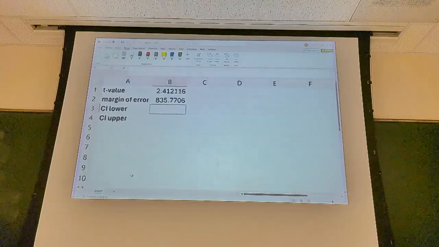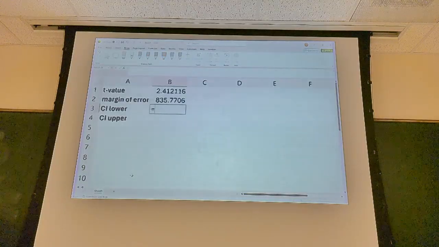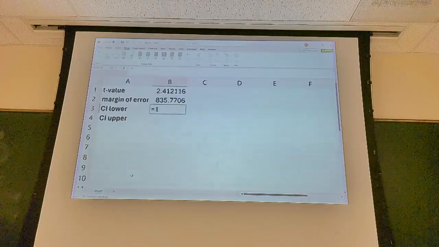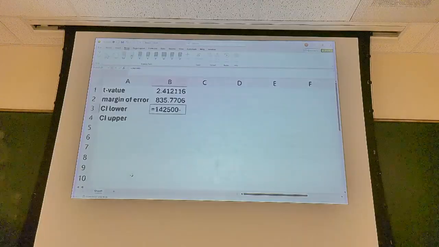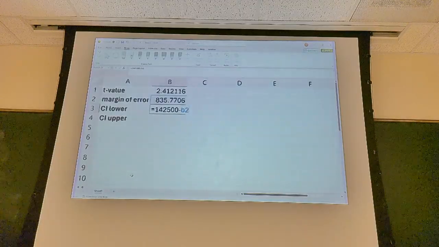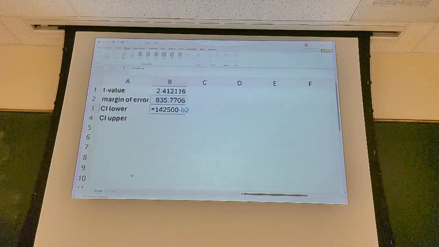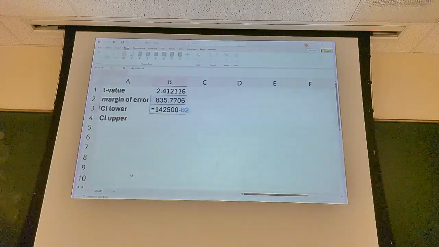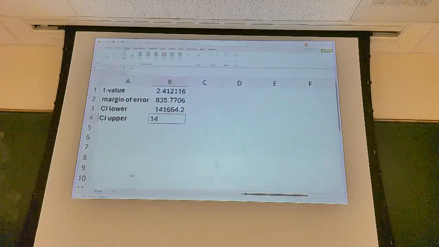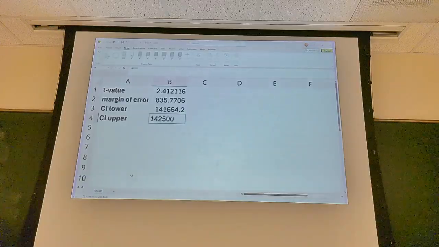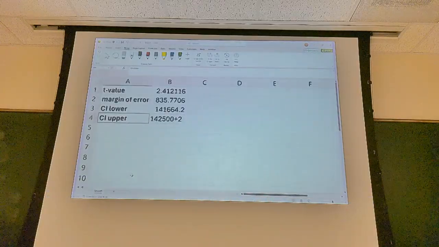Now we'll have to manually calculate the lower and upper, which is what? The mean first, minus the margin of error, which was in B2. And then the mean plus the margin of error.